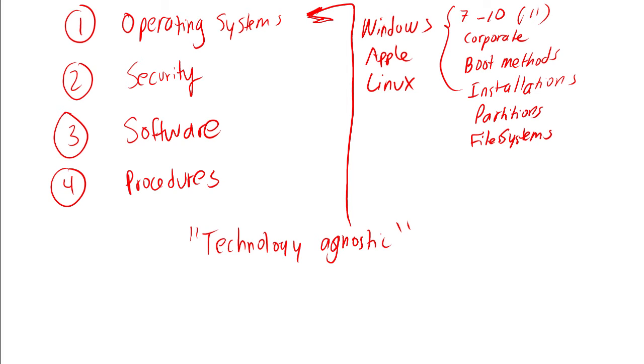We're going to look at the Windows command line a lot, and Windows tools, which we'll get into in more detail, but basically like the task manager, registry editor, MS config, control panel.